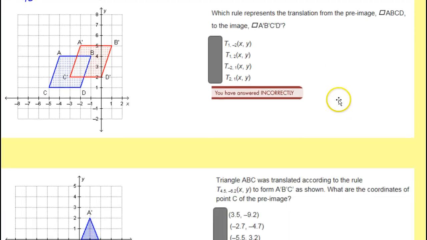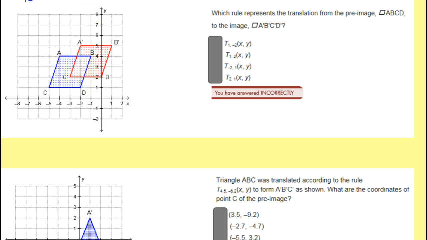Alright, let's keep going. Which rule represents the translation from the preimage, meaning the original, ABCD, to the image, A prime, B prime, C prime, D prime? All you really need to do is pick one pair of corresponding points and look at what happened.